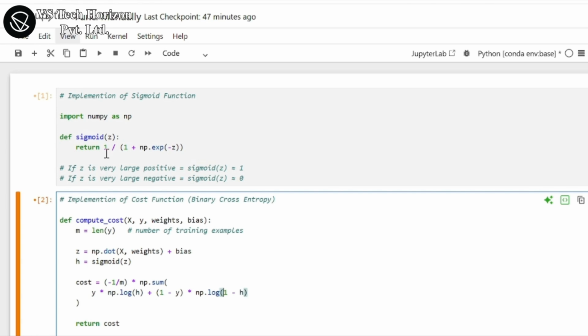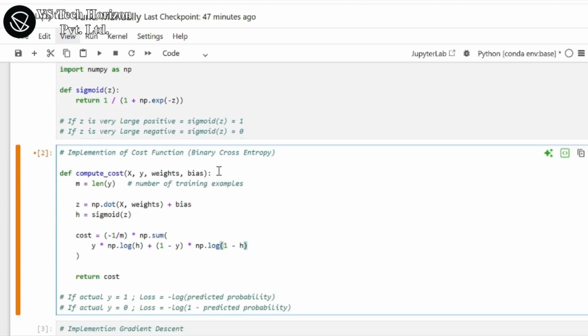If z is very large positive, then exp(-z) becomes very small, so the output is close to 1. And if z is very large negative, then exp(-z) becomes large, so the output is close to 0. This makes it perfectly suited for probability estimation.